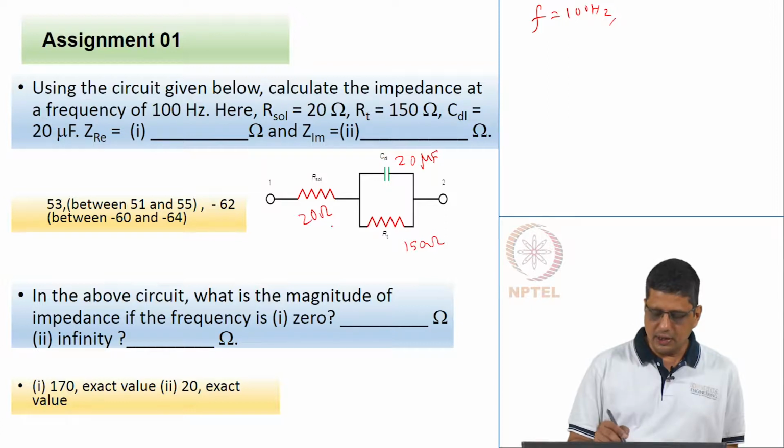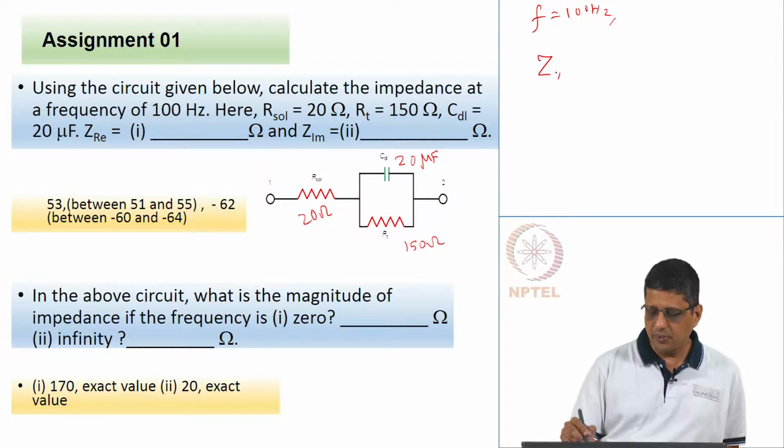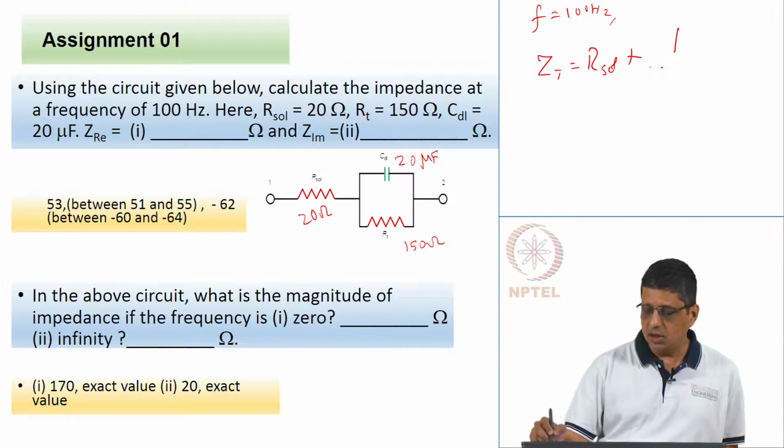So, we have this circuit, the impedance of this entire circuit can be written as R solution plus the impedance of the resistance and capacitance in parallel, and that is going to be given by 1 by (1/RT plus j omega Cdl).